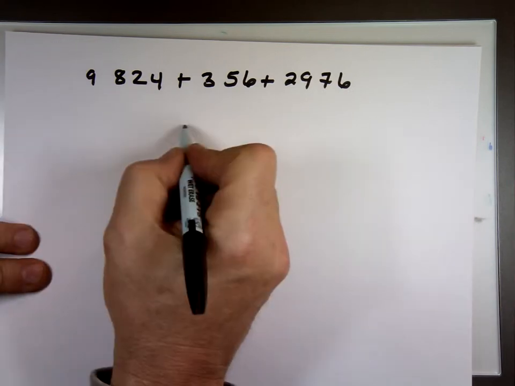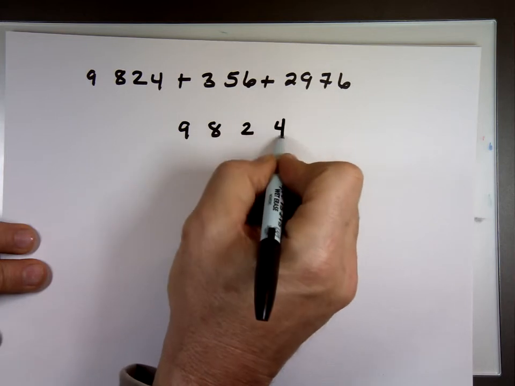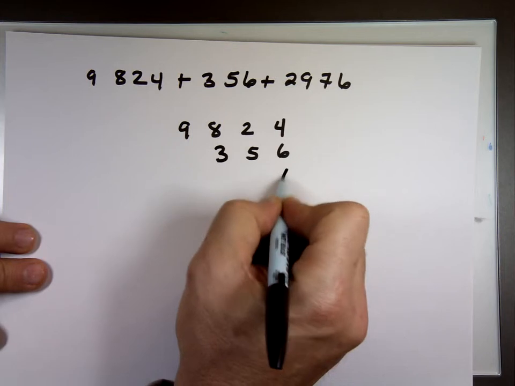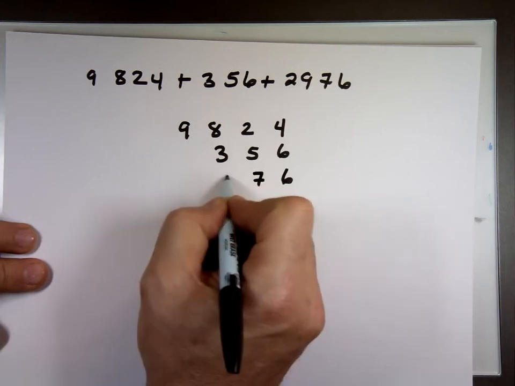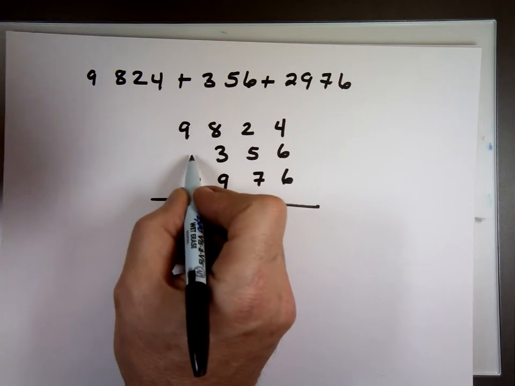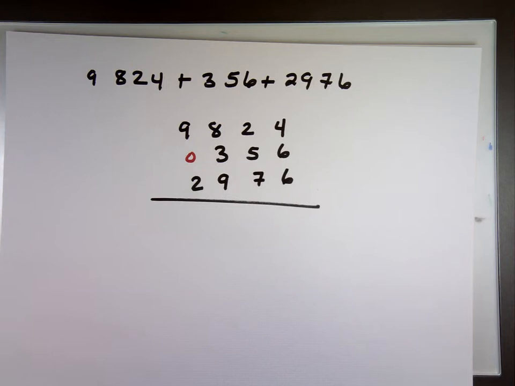Again, line them up. And if you want, since there's no number here, what can you put there? A 0. So if you like to make them the same size, you can.